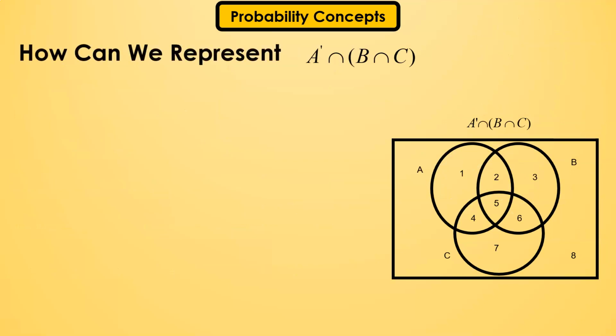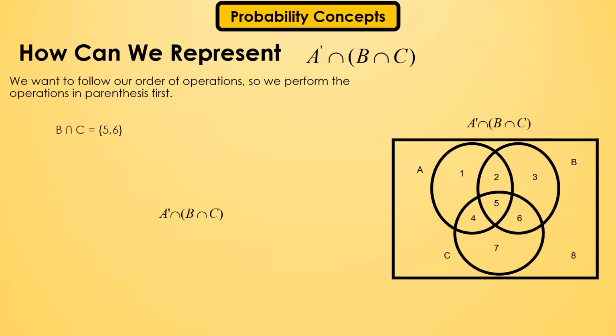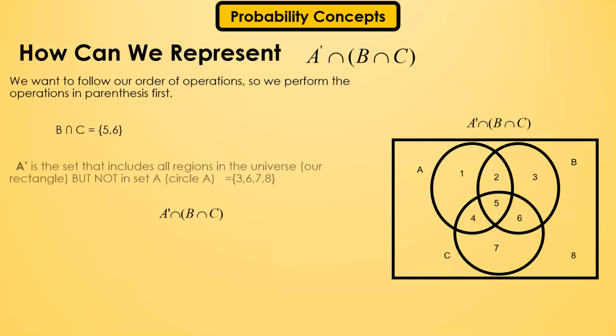So here's another example. This is saying not A's intersection with B and C. Same thing again. Find out what B and C is, 5 and 6. We know not A is everything that's not in A, so it's not 1, 2, 4, or 5, it's everything else.